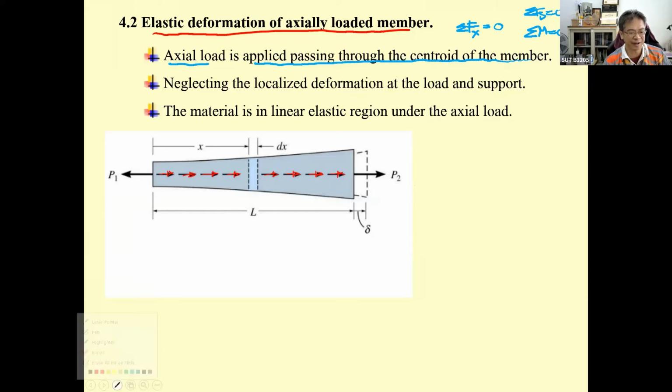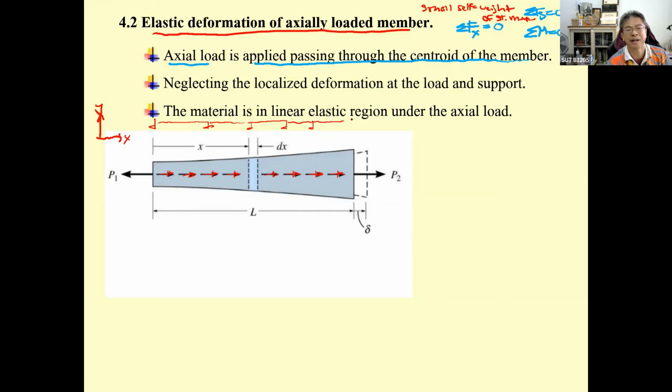And if the structure looks like this, we're going to have a very small self weight of the structural member. So usually we may have the weight of this structure, but we also neglect it for the time being to keep our problem simple.